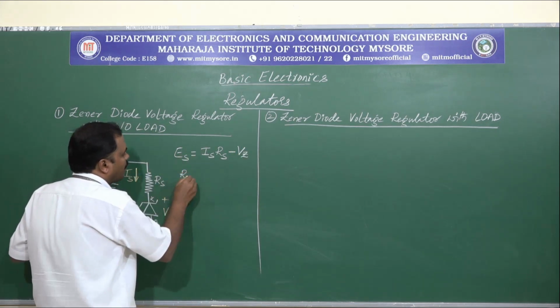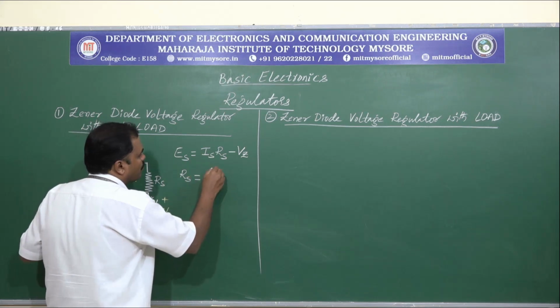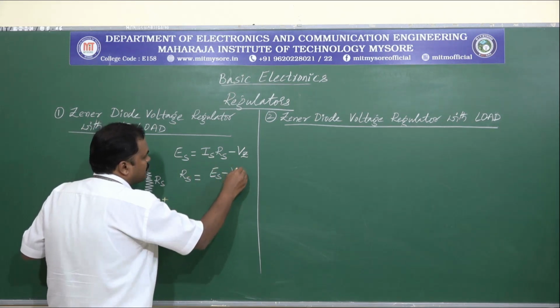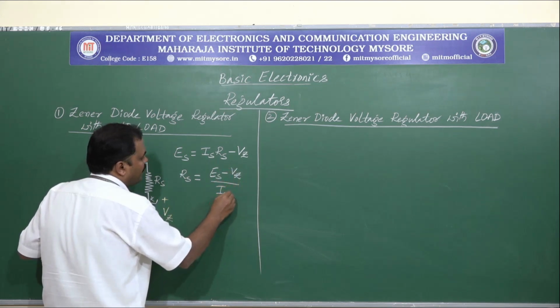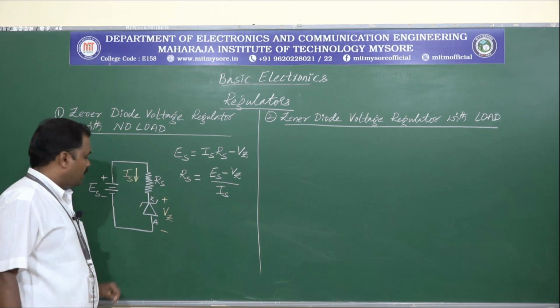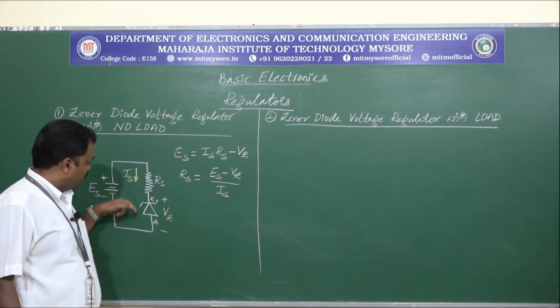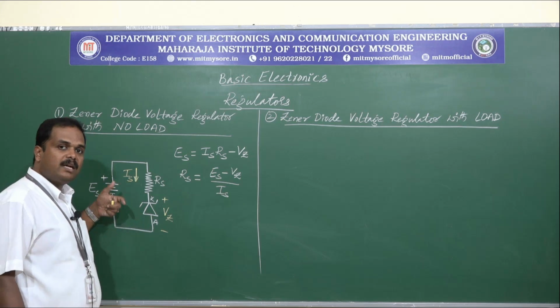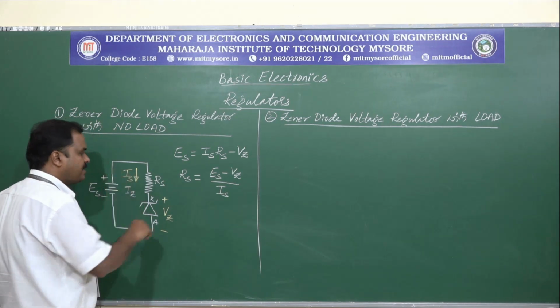So Rs is equal to Es minus Vz divided by Is. Now, because this is the only current that is flowing through the circuit through the Zener diode, this can also be represented as Iz.